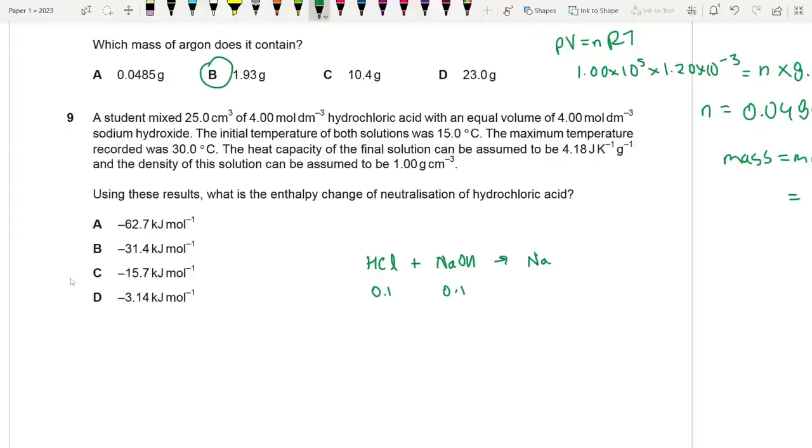We got NaCl plus H2O. The initial temp was 15, the max temp was 30. The heat capacity of the final solution can be assumed to be 4.18, and the density can be assumed to be 1 gram per cm cube.